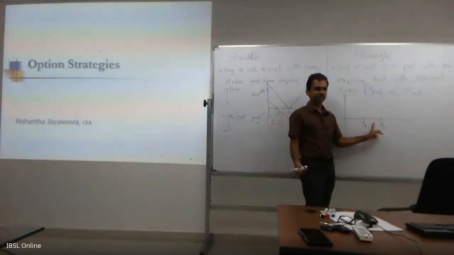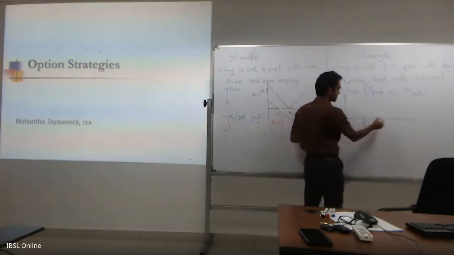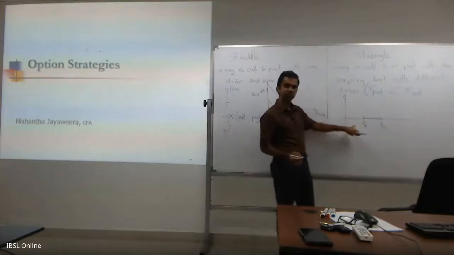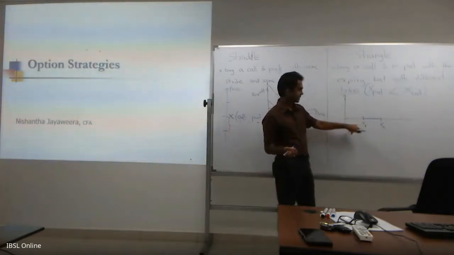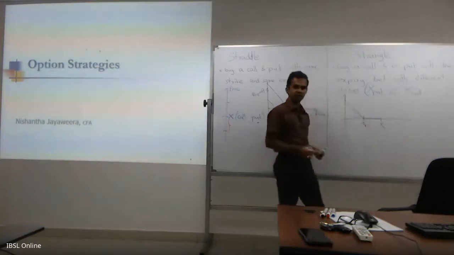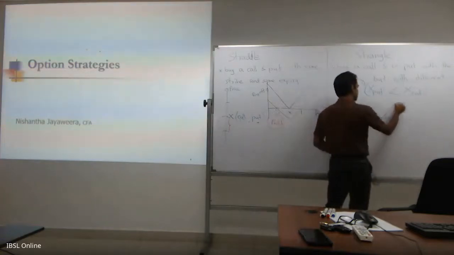You won't exercise your right, so you won't get anything here. But when the price falls below the strike of the put option, you start to get some. Further down, it will be like this. On the other side, it will be like this.